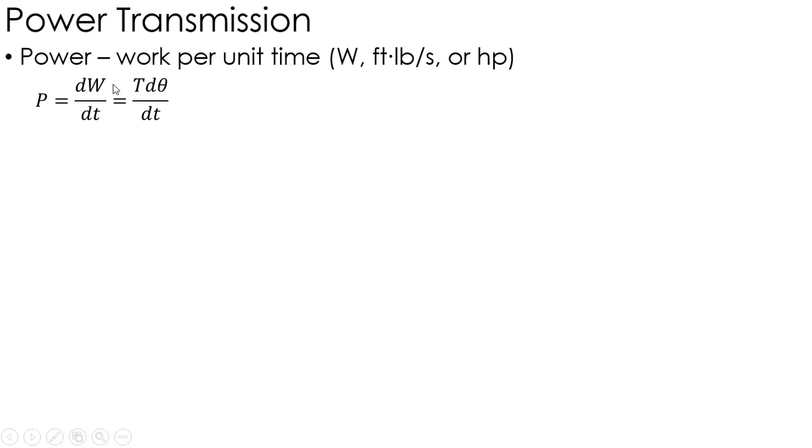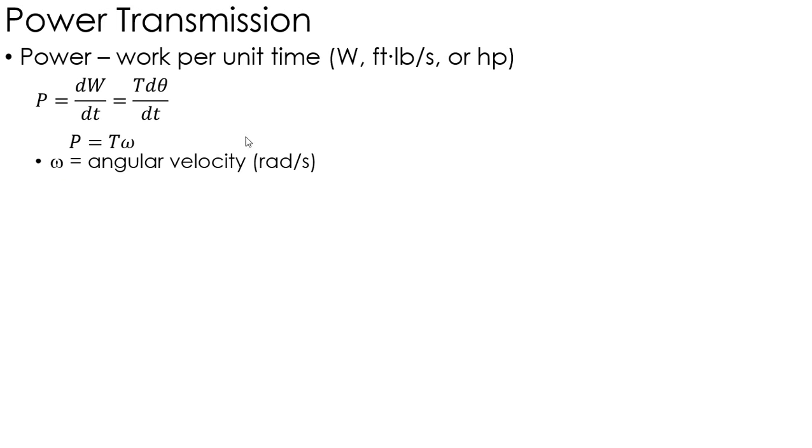Well, the work of a torque: you know, work is force through a distance. Torque would be torque through a distance, where the distance is a change in angle. So I get T d theta/dt. Well, d theta/dt is what we call omega, which is angular velocity, the time rate of change of the angular position theta.